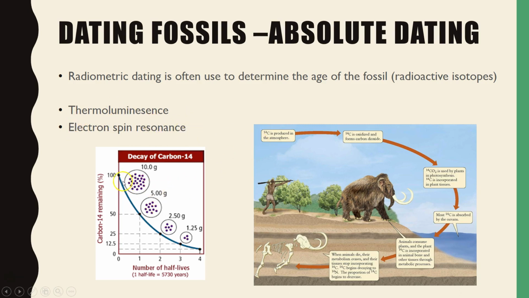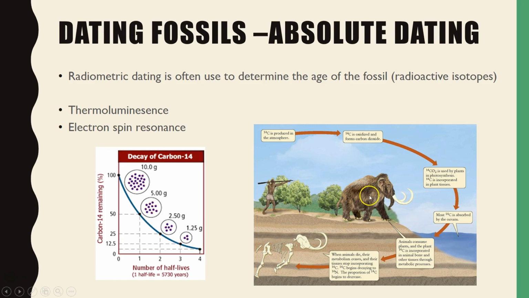This diagram here just shows how carbon-14, there's a sample, 10 grams of it, and over time it will decay, and each time will decay by half. So after 5,730 years, we'll have 5 grams left, and then another 5,730 years, we'll have 2.5, 1.25, etc. The reason that carbon-14 decays over time is it's produced in the atmosphere, it forms carbon dioxide, it's taken up by the plants, which the organisms will eat, and those organisms will have a certain amount of carbon-14.